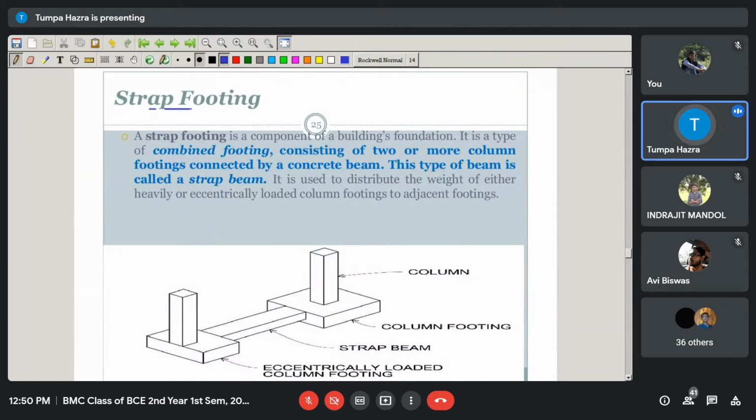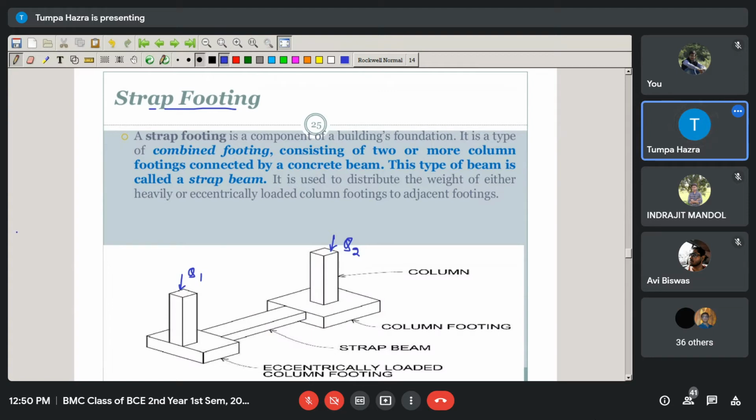If the isolated footings of two columns are connected by a beam, it is known as strap footing.